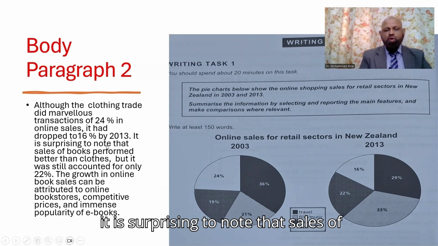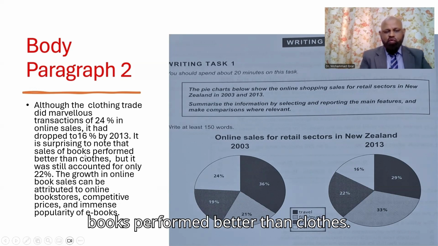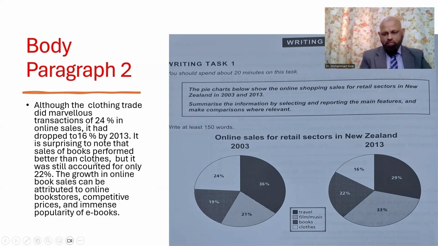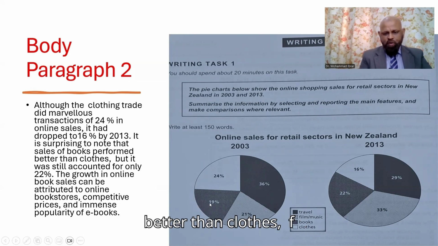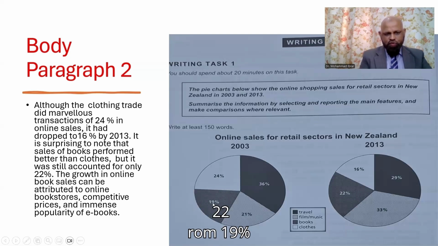It is surprising to note that sales of books performed better than clothes. Now, if you look at books, it did better than clothes, from 19% to 22%.